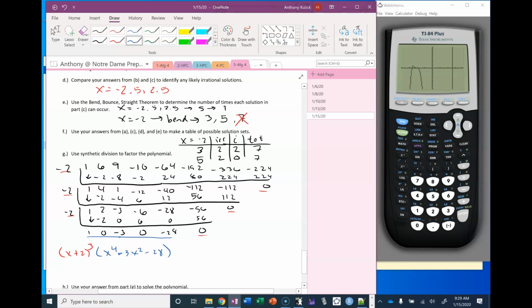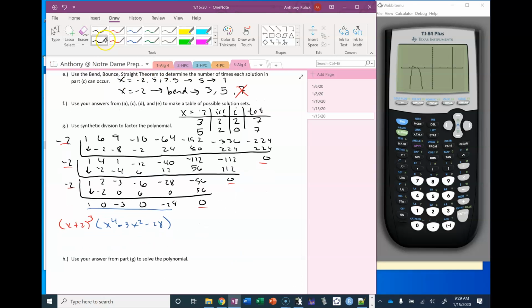Notice that that's in the quadratic form, right? I have something to the 4th, something to the 2nd, and then a constant term. So I should be able to factor that using my factoring tree methods. So let's try to do that. I need something that multiplies to give me negative 28 and adds to give me negative 3. What are those 2 numbers?